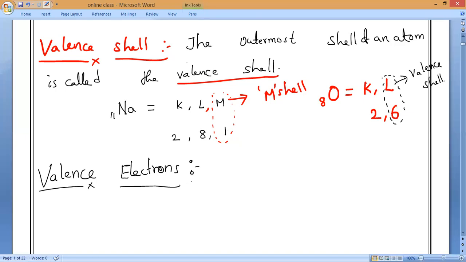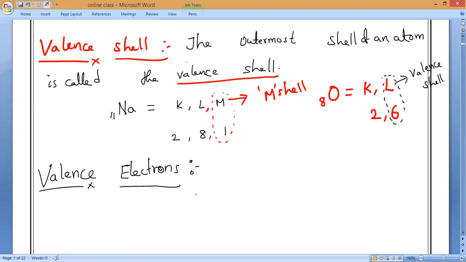Now suppose sodium. How many valence electrons? 1. And oxygen, how many valence electrons? 6.